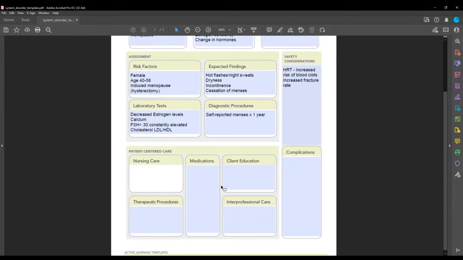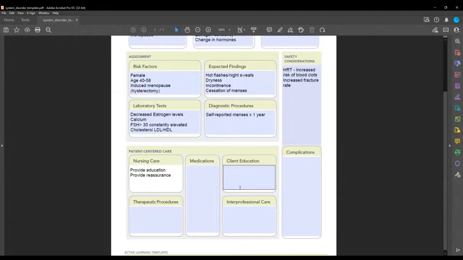Okay, so for nursing care, any ideas about nursing interventions that we do for patients? Yep, exactly, Brandon. That's really about it. So we can provide education, both on the bodily processes that are going on and treatment options, and then just provide reassurance.